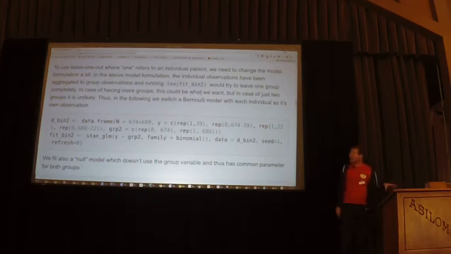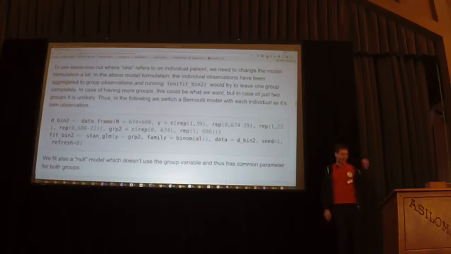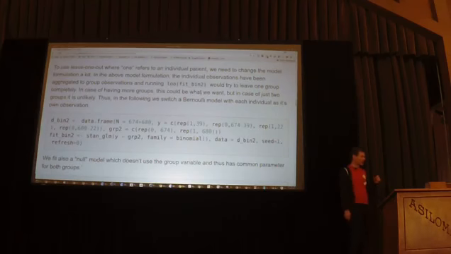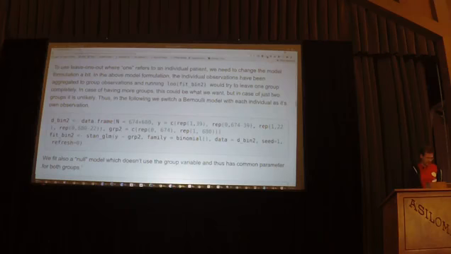So I changed now the model so that I have now individual data, and for each individual in which group they belong and whether they survived or not. And so here's the alternative model.